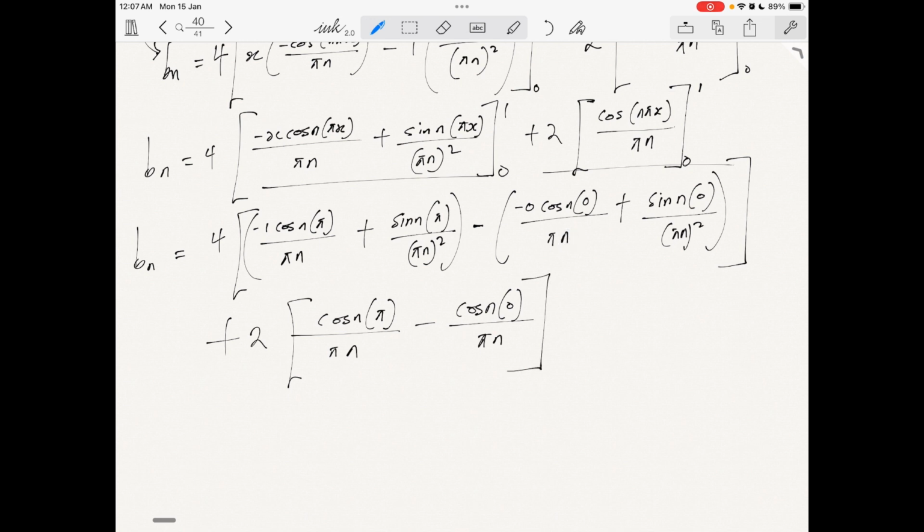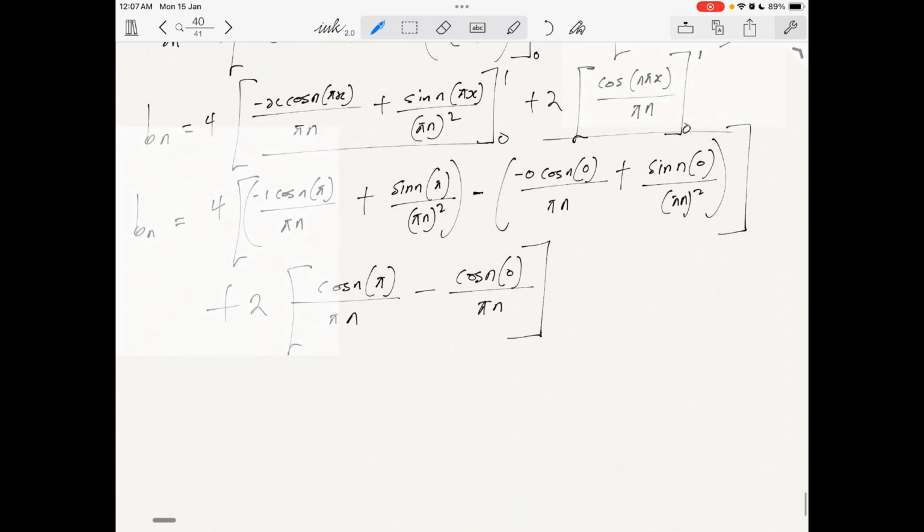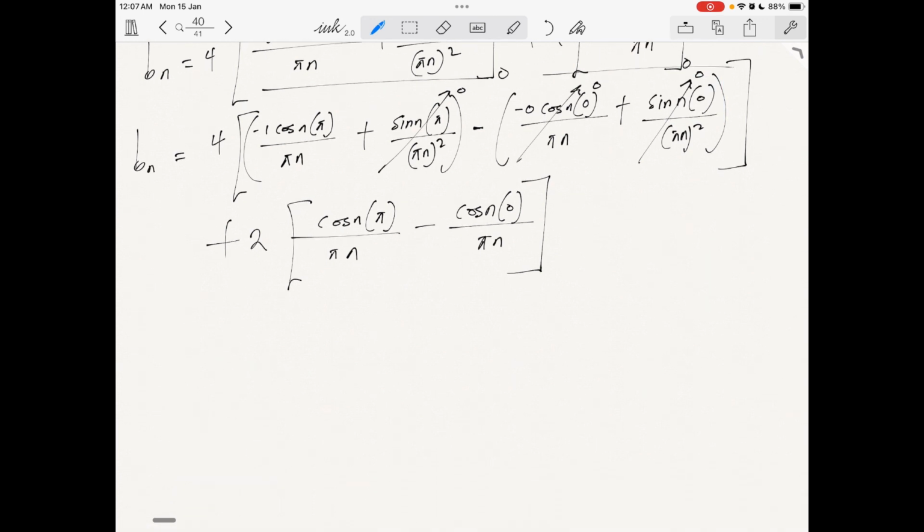Now with this done, we can say that this is equal to 0 because it contains sine n pi, and this is equal to 0 because it's multiplied by 0. This is equal to 0 because it contains sine n of 0. So we are left with the terms of 1 and this.